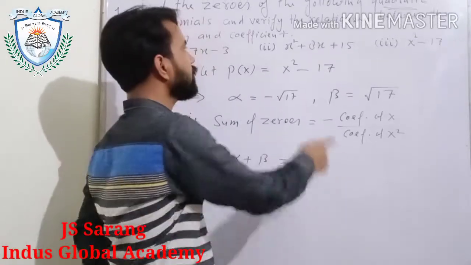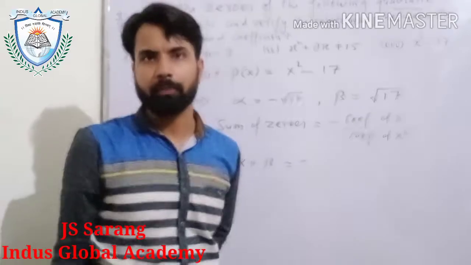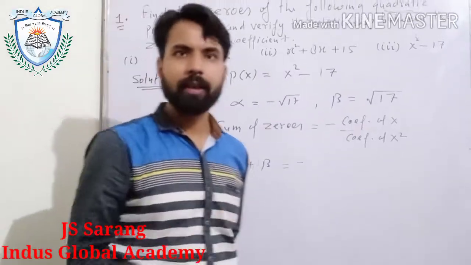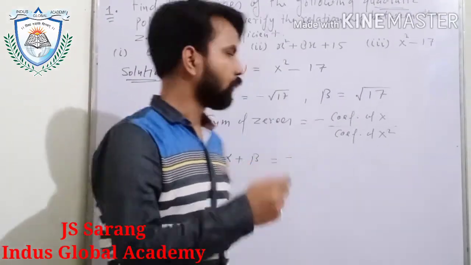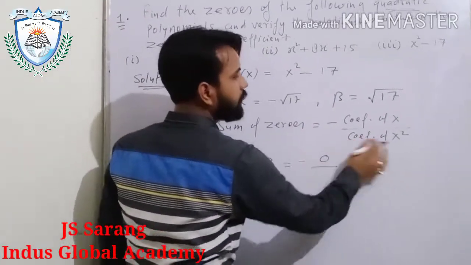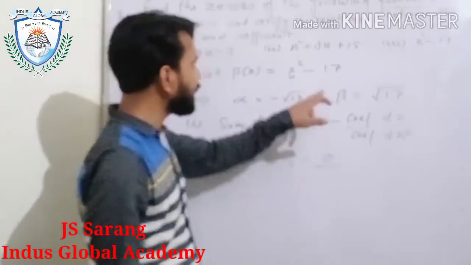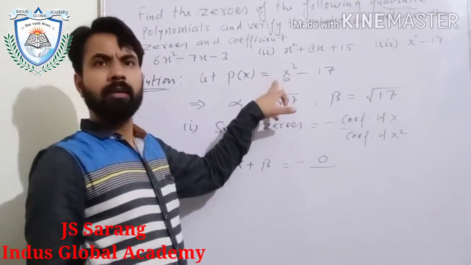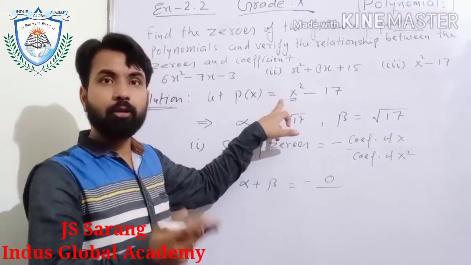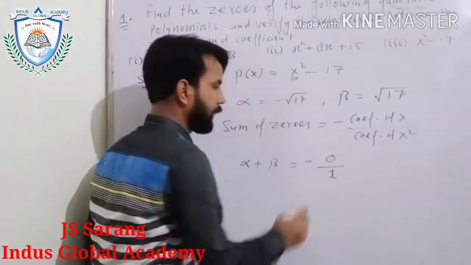Why? Because the term of x is not present in the given polynomial, so its coefficient will be 0. So minus coefficient of x will be 0. And x square is present, but if nothing is written, its coefficient is 1. So we put 1.